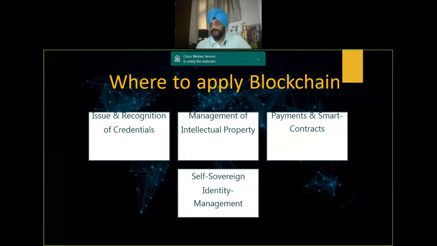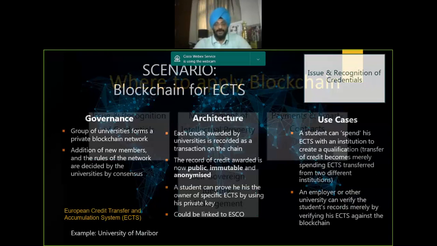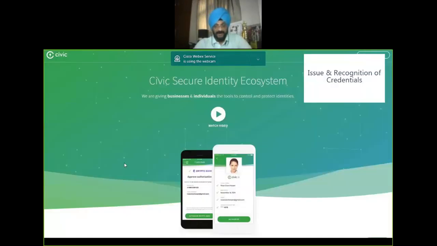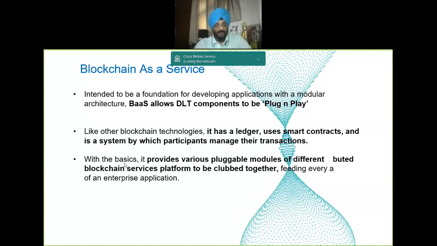It can help in payment and smart contracts, and it can help in identity management. So these are some areas which I could figure out where, in academics in particular, it can help in a big way. Today we are struggling with credentials, IPR, smart contracts, payments, and identity, right?